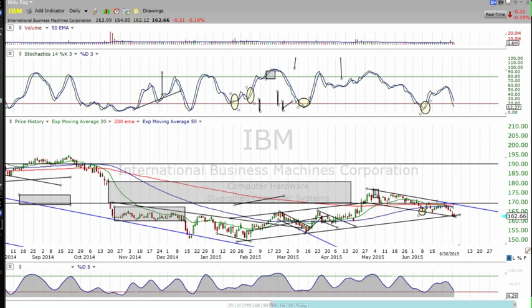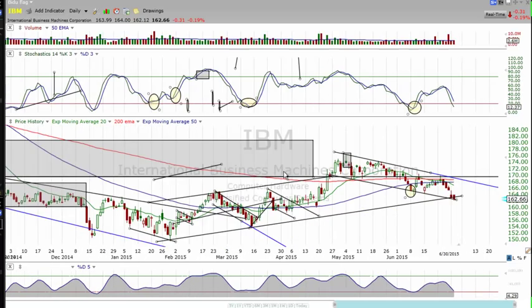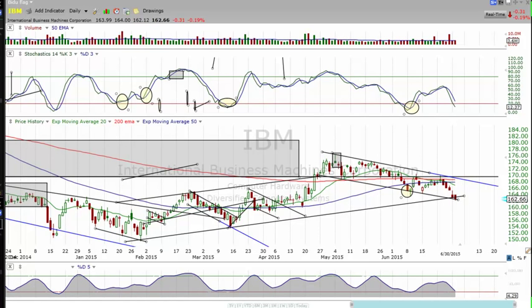Now IBM is interesting. I'm going to make a list for IBM for future, or keep it on for continuation, building a position here.